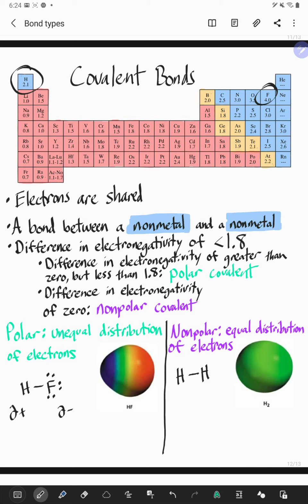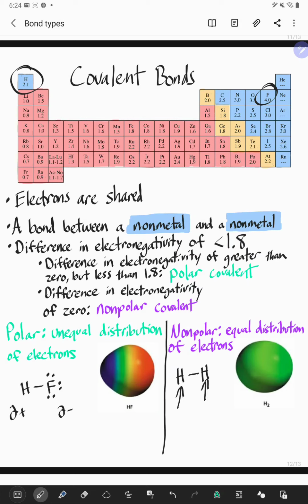And we want to see how the electrons inside of this bond are divided up. Well, the way that we see that is we see, okay, this hydrogen is pulling with a certain amount of force, and that amount of force is determined by its electronegativity value.